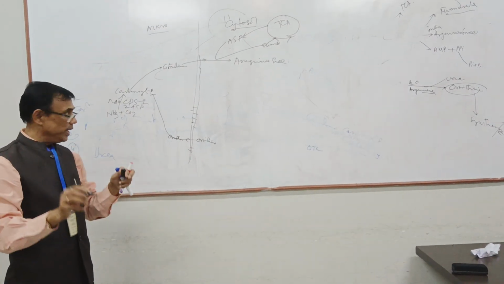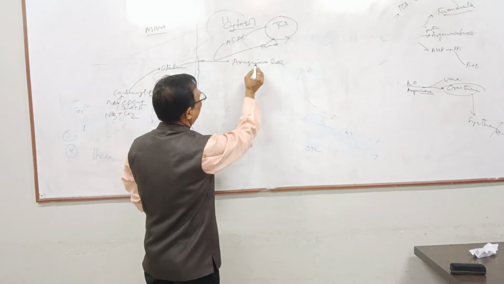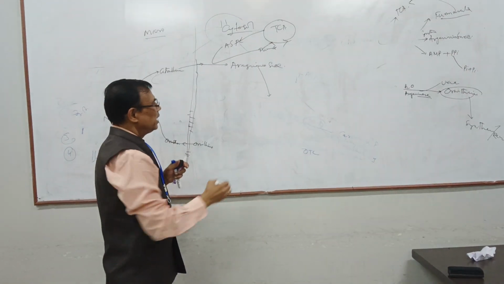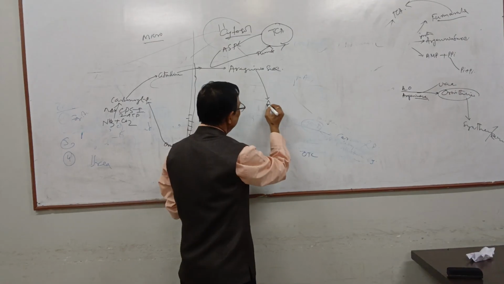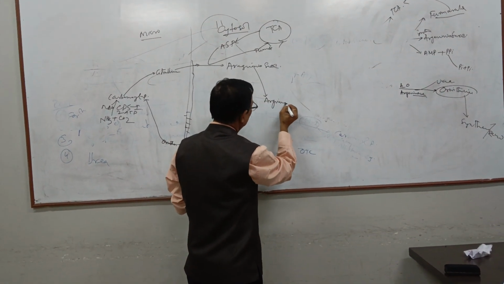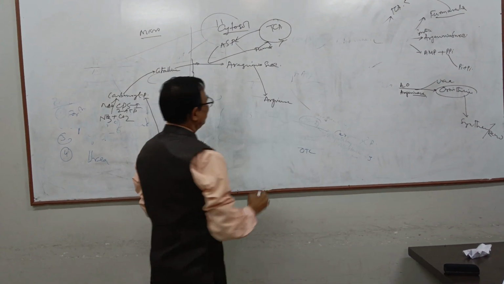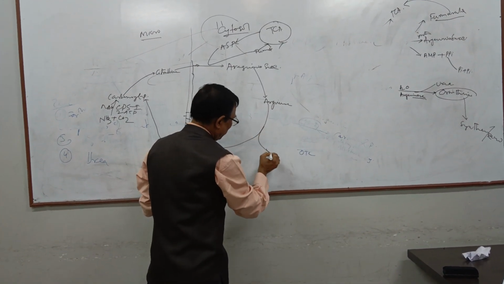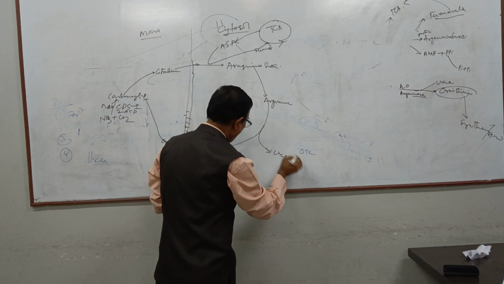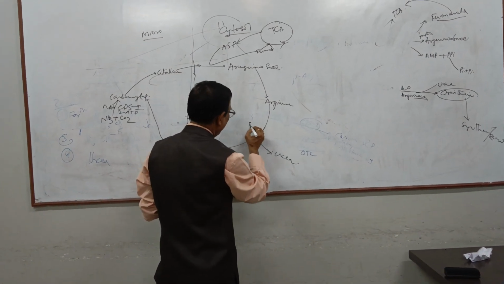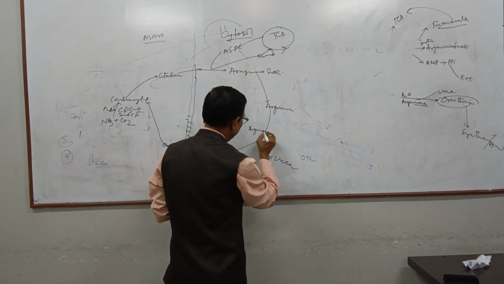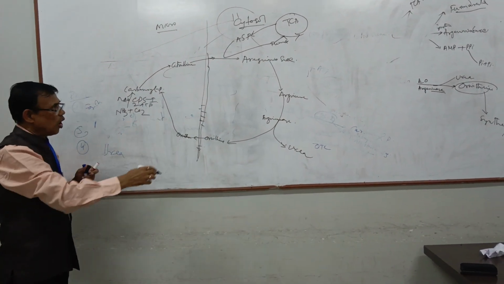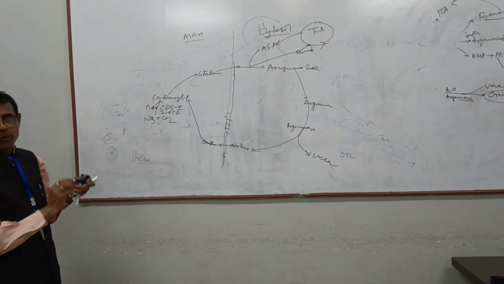Now argininosuccinate will be converted into arginine. Arginine will be formed. Then arginine is hydrolyzed; water comes in, urea will form. Here the ornithine will be back, by the arginase enzyme. This is the cycle. It will go on, and urea will be formed.